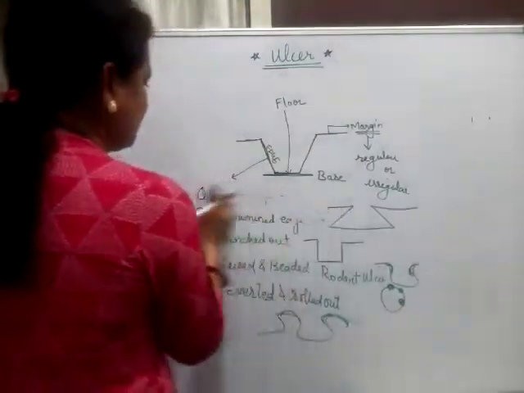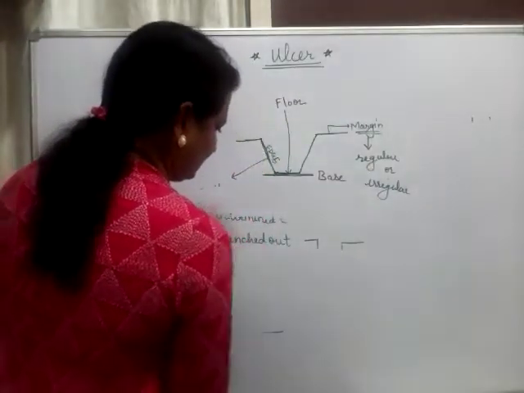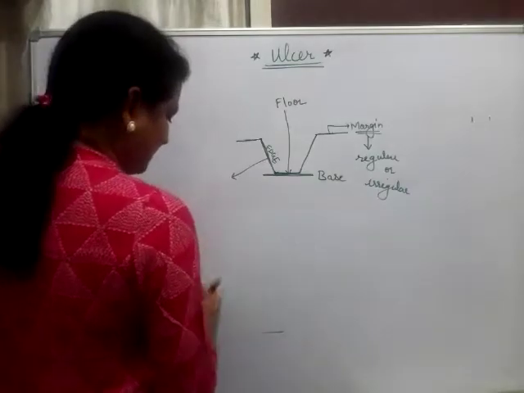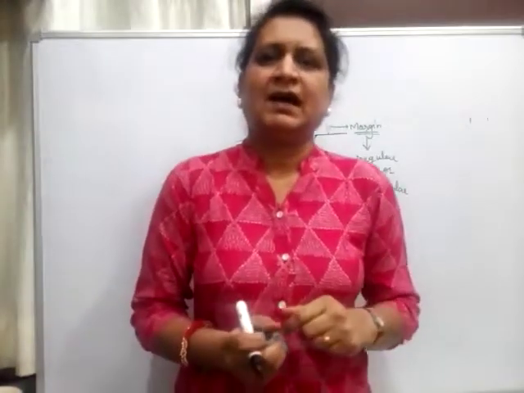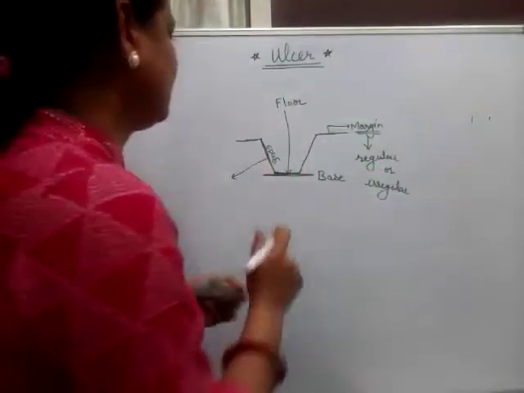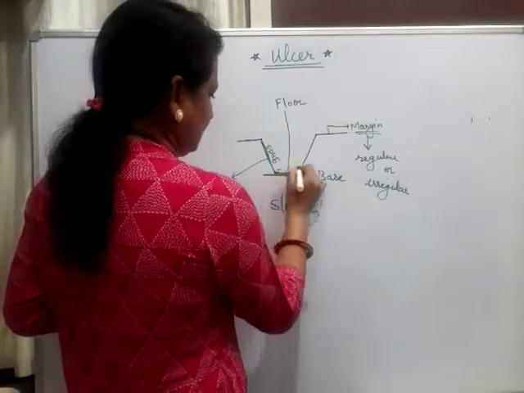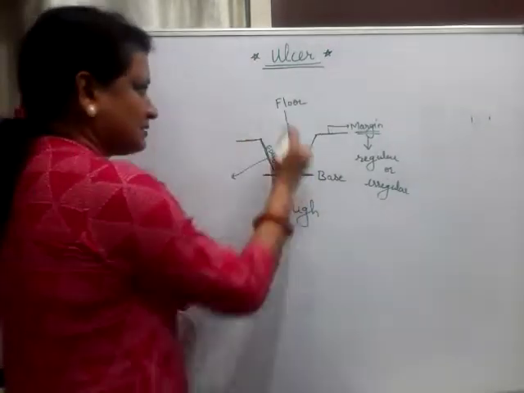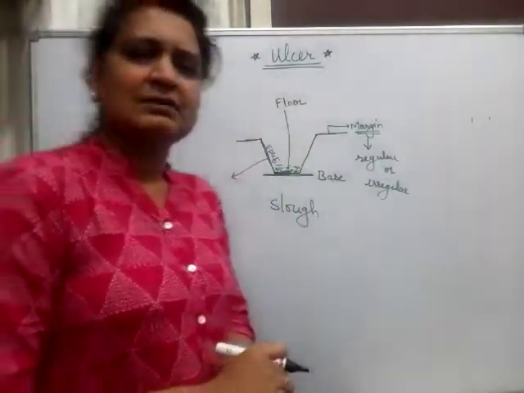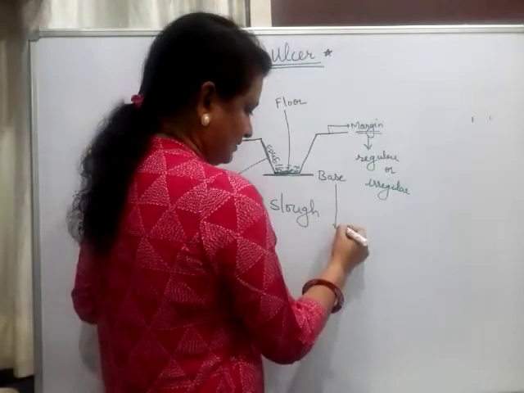Then coming on to floor of an ulcer. Floor of an ulcer is the part which we can see, and it usually contains slough. ये जो दिखता है ना यहाँ पे slough, that is the dead tissue. And the last one is base.